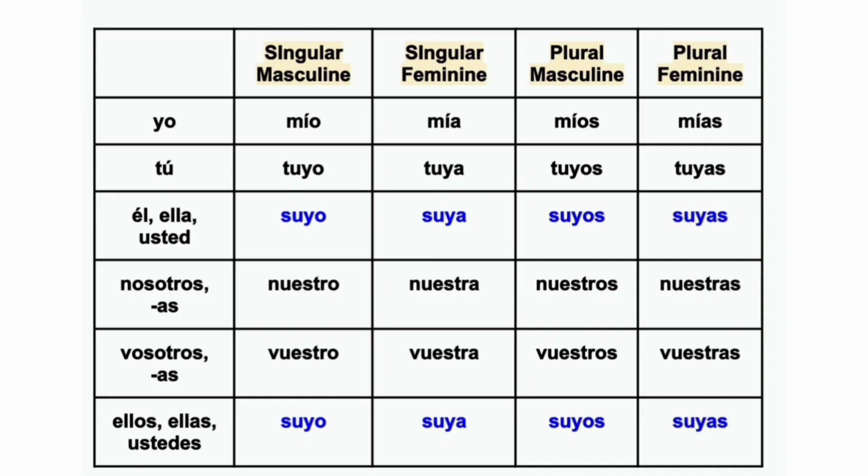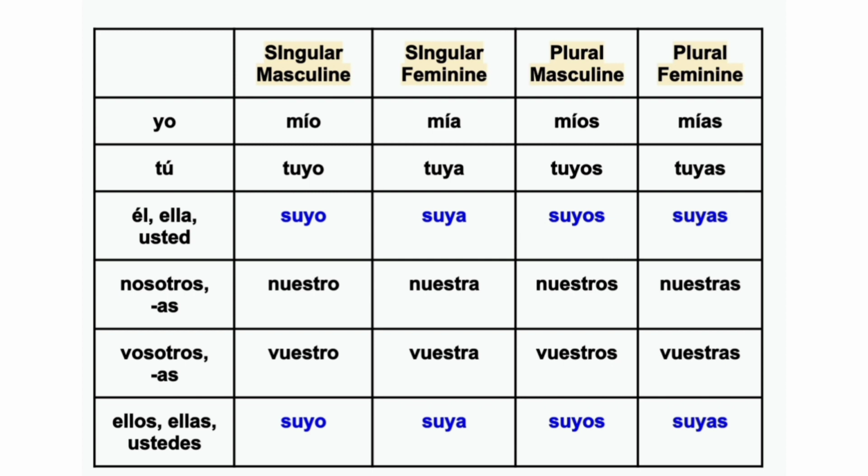Here we have those adjectives that express possession, and here we can see that they change depending on the number and the gender. For example, mío for singular masculine substantive, mía for feminine and singular, míos plural masculine, mías feminine and plural.